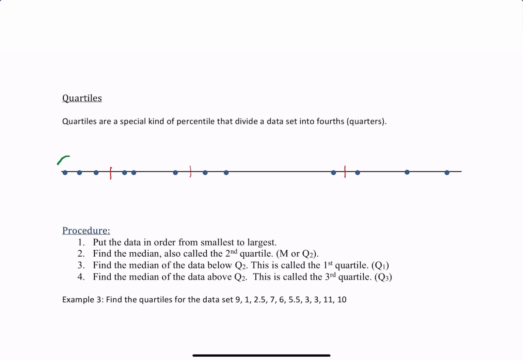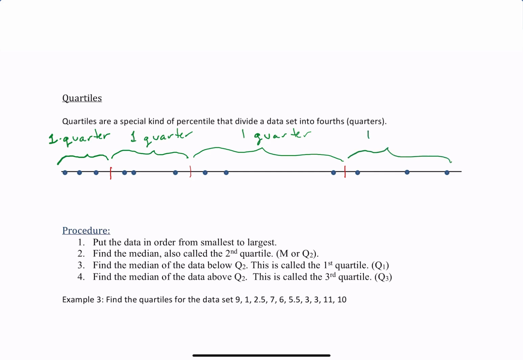So in this first interval, we have 1/4 of the data set. Then in the next interval, we have another 1/4 of the data set. And then in the next interval, another quarter of the data set. And then we have the last quarter of the data set.